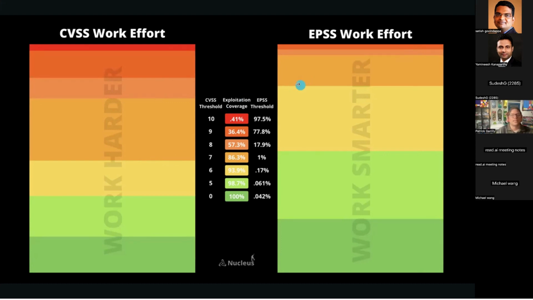Whereas with EPSS, in order to get the same exploitation coverage, from a work effort perspective, we're right around, I think, 15% of vulnerabilities. So just a much, much more effective way to focus on the aspect of threat in an organization when you're running a vulnerability management program.